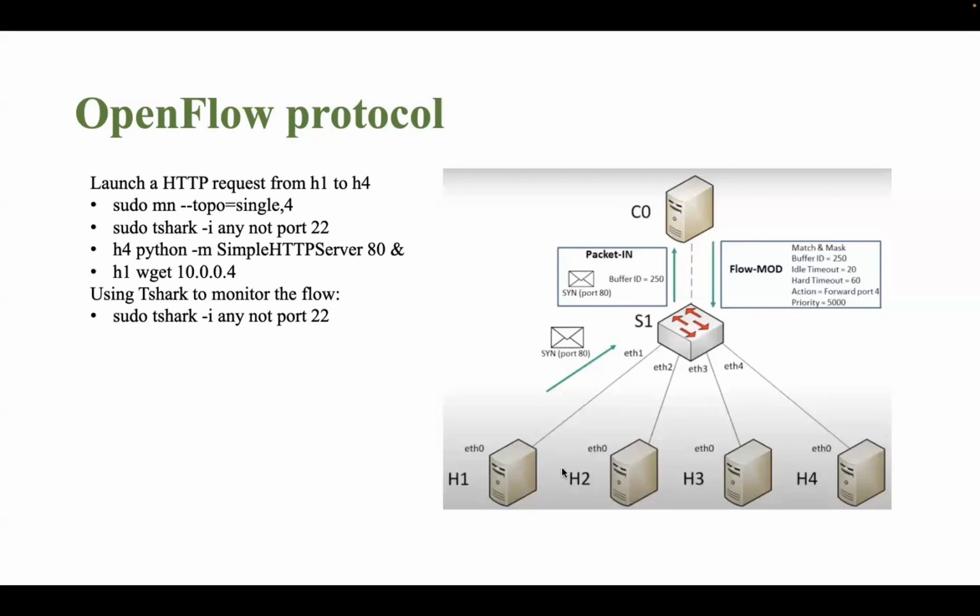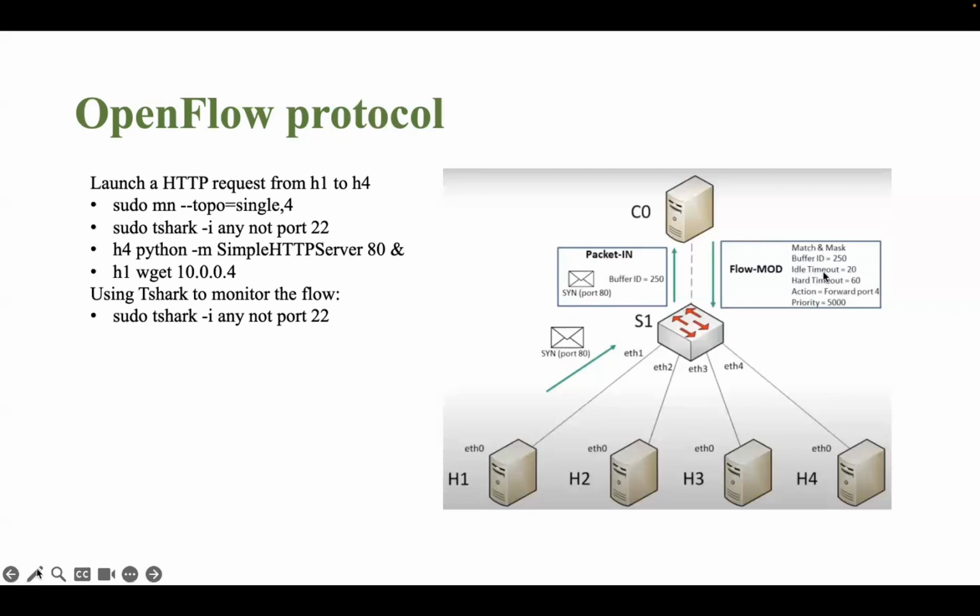They can be forwarded directly to H4 because the rules are already installed. And also we can see there are two timeouts. The first one is the idle timeout. The second one is the hard timeout. These two timeouts are related to the interesting thing I showed before, which is that there's no controller running on the backend, but H1 can still ping H4 because of the timeout.